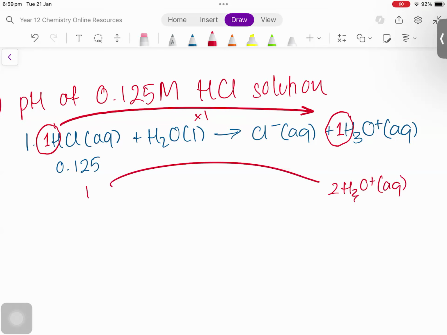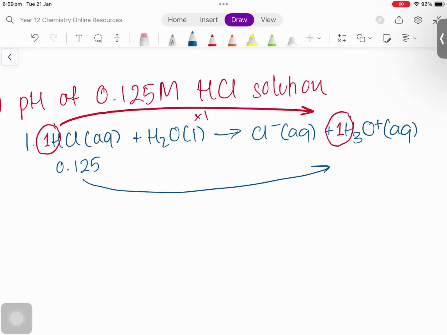By two. Okay, so guys, this is the only time we can go through it. I know that sounded really silly, but I want to make sure we're on the right track. Look at the coefficient in front of what you have. Look at the coefficient in front of what you want to get to. See what you have to times by. You do the exact same thing with the actual number they've given you. Times by 1. So my concentration of H3O plus is also 0.125.